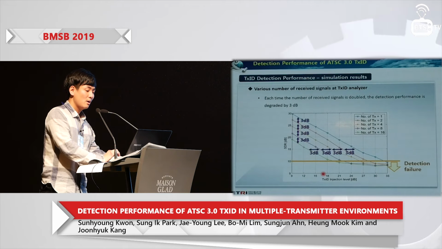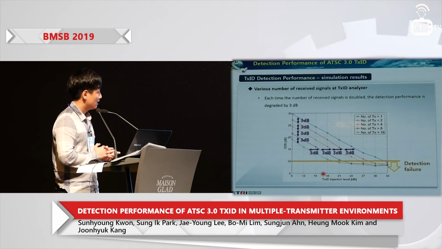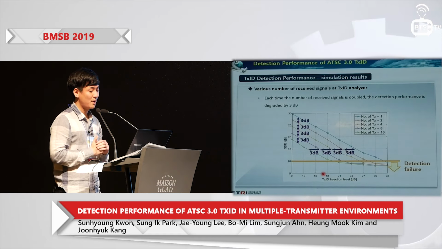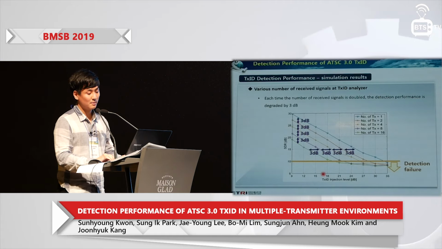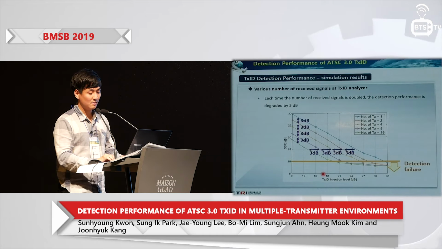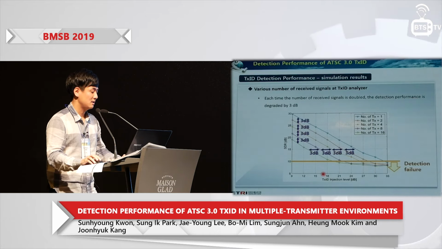So what I want to mention here again is, even if there are a few transmitters and they have different reception powers, the detection performance can be seriously degraded for the weak signal. Such a reception power imbalance situation is actually more realistic and very common in real broadcasting environments.